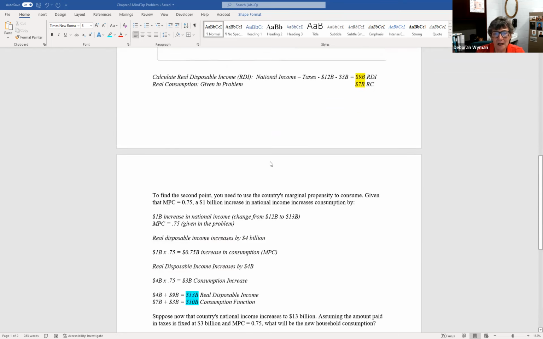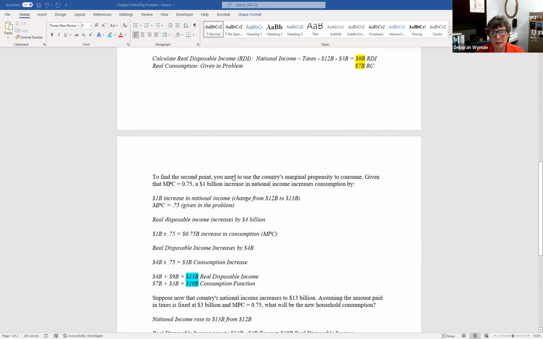Then to get the second point, you need to use the country's marginal propensity to consume, which was given to us in the problem at 0.75. A $1 billion increase in national income increases consumption by what? So we're going to say 1 billion increase in national income. That's a change from 12 billion to 13 billion, and the MPC is 0.75, which is given to you in the problem.